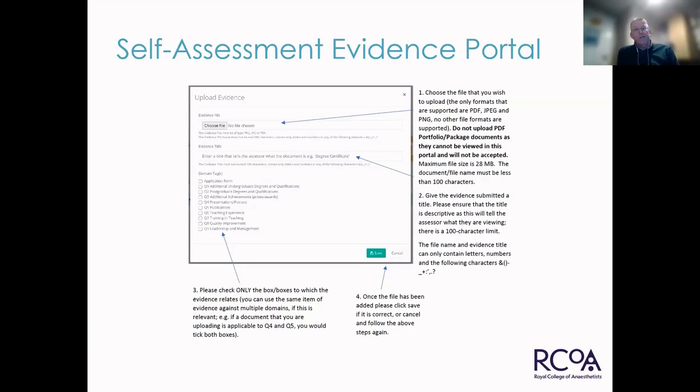And the other thing that you can use that for, if you've got a particularly large document, is to tell us where within the document we will be able to find the evidence.